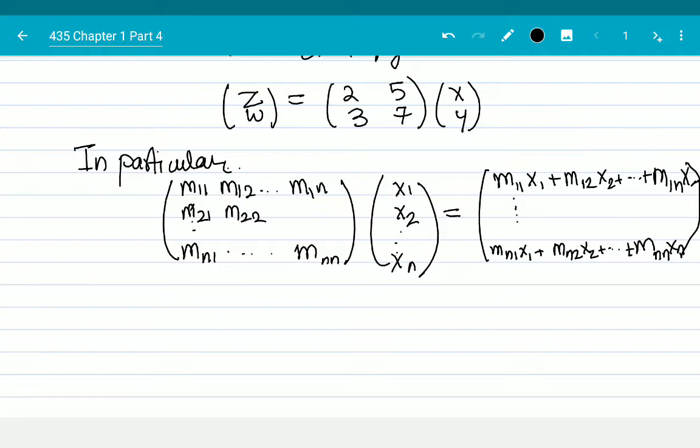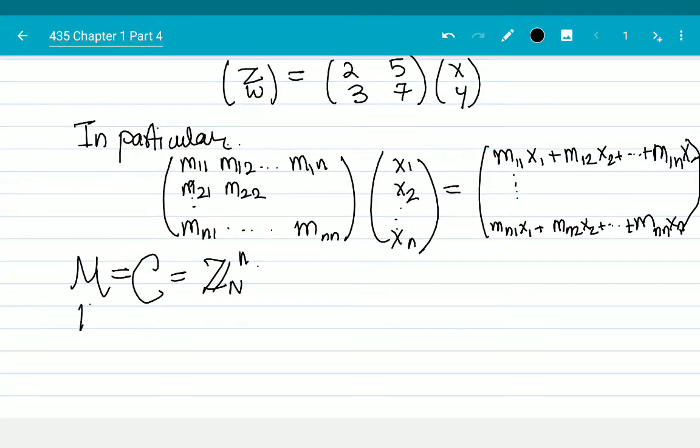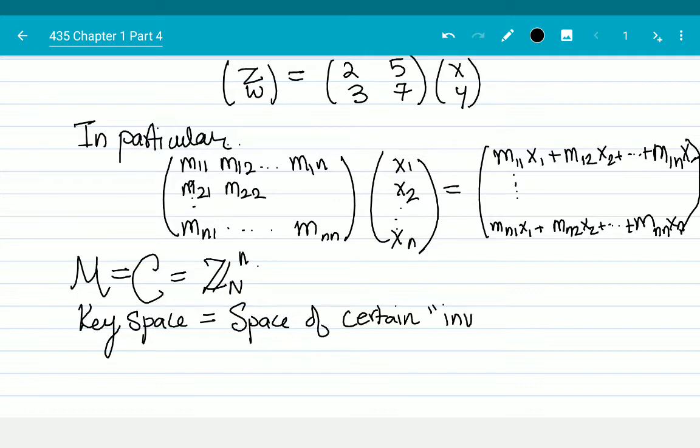So in this case, our message space M is equal to our space of encryptions, which is Z_n to the n, where we are dealing with n cross n matrices, and my key space is equal to the space of n cross n invertible matrices.